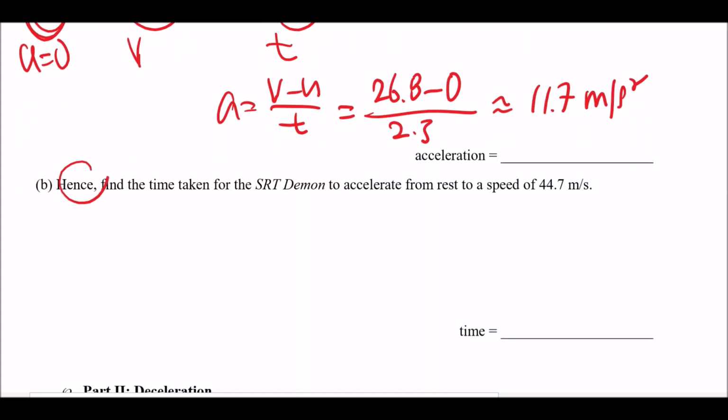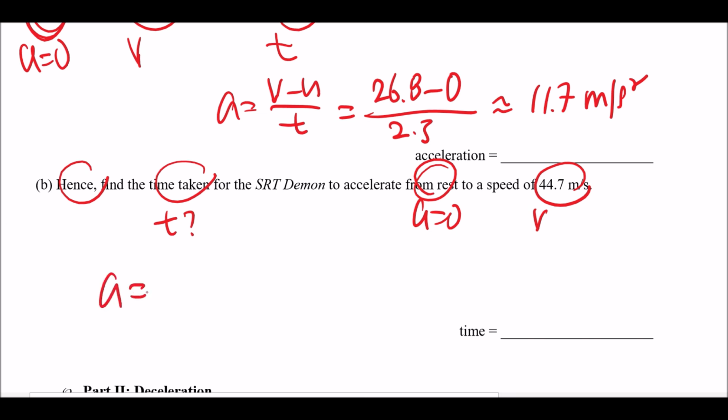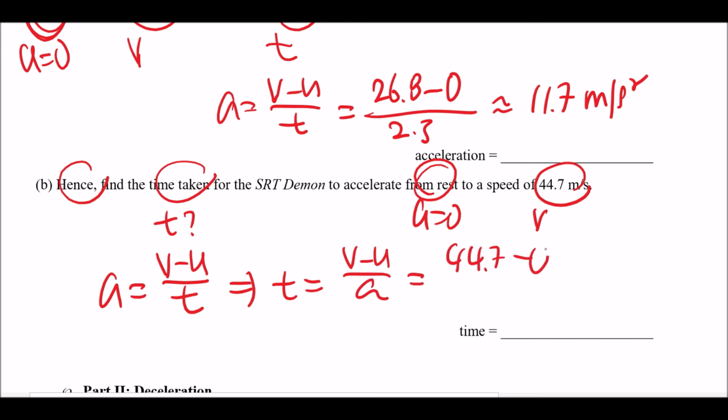Hence, find the time taken for it to accelerate from rest, again from rest, U equals to 0, to the final speed of 44.7. Now the time is unknown. Okay, time is unknown. So again, let's go back to the formula. A equals to V minus U over T. Now we need to make T the subject. T equals to V minus U over A. Okay, so that equals to 44.7 minus 0 because it's from rest.